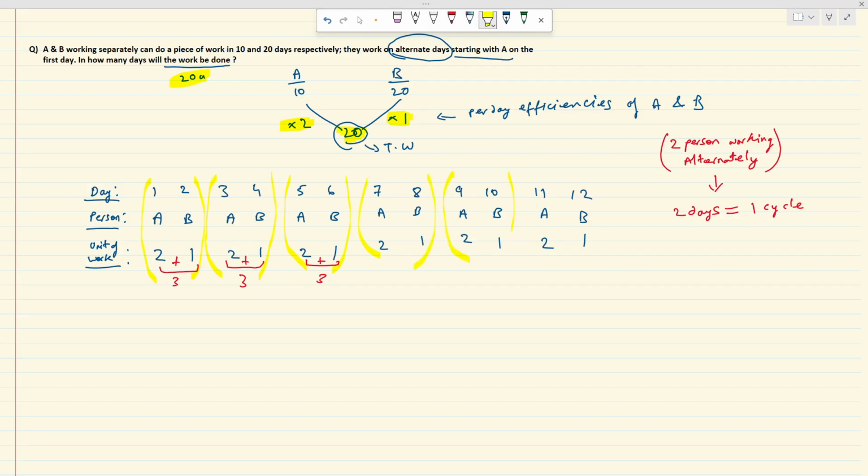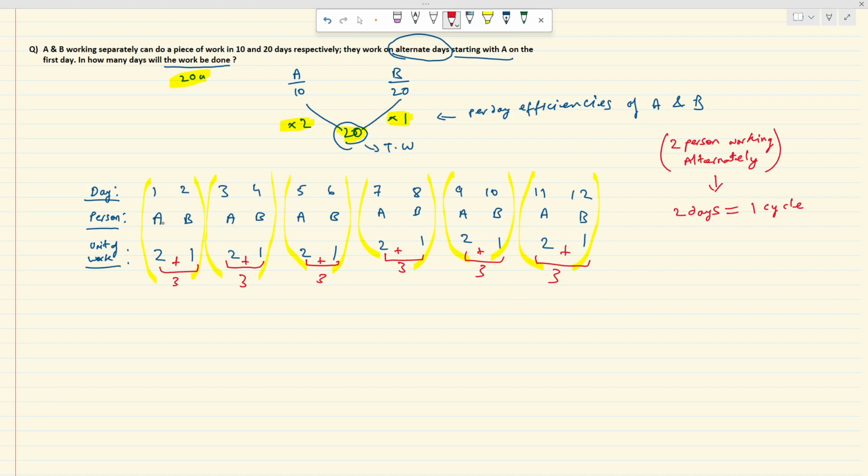So in each cycle, a total of 3 units of work is being done.